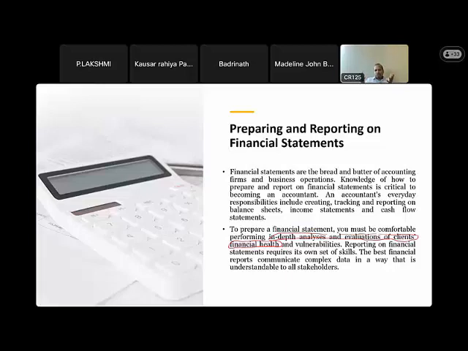How will you get it? It's very easy: you have a lot of parameters, and those parameters will give you certain indications about their financial health.